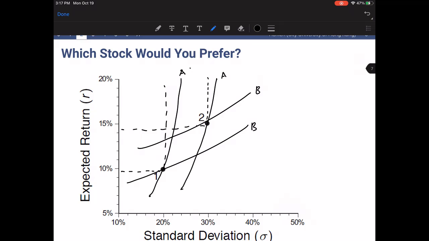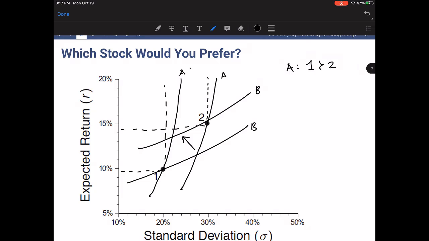Okay, so what does investor A prefer? Based on this graph, it seems that investor A prefers portfolio 1 over portfolio 2, because we're moving in this direction here. Remember, our indifference curves are parallel with one another, and as long as our indifference curves are moving toward the y-axis, that gives us higher utility.